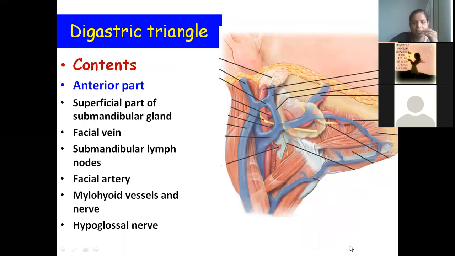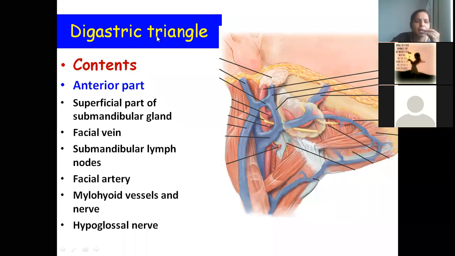Digastric triangle contents. See here, this whole thing, whatever you are finding, from here till here, is all the digastric triangle. The anterior part contains the superficial part of the submandibular gland. I told you the digastric triangle is also called the submandibular triangle because it contains the submandibular gland.